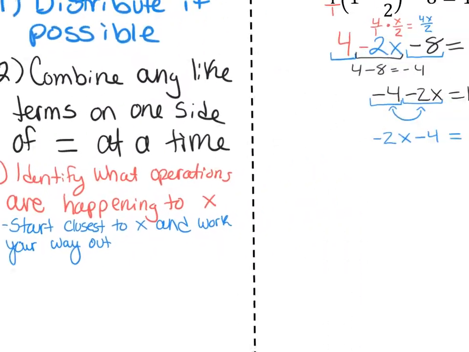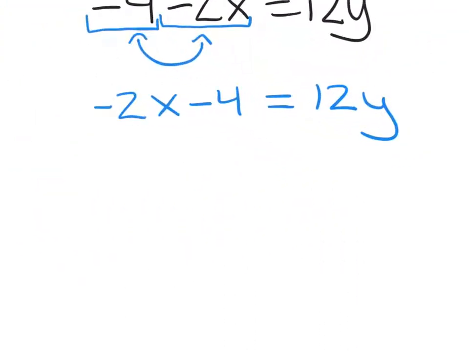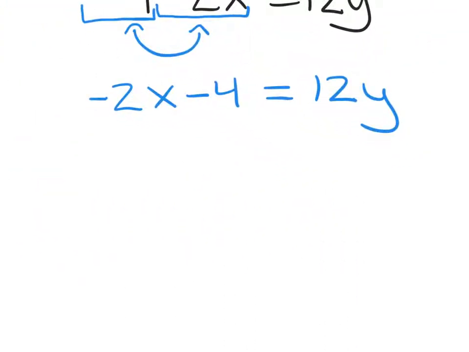So we go back to what we had, or where we left off. We have negative 2x minus 4. So x is what we're trying to get by itself. What is the very first thing that is happening to that x? What is closest to x? What two things are happening to x right now?